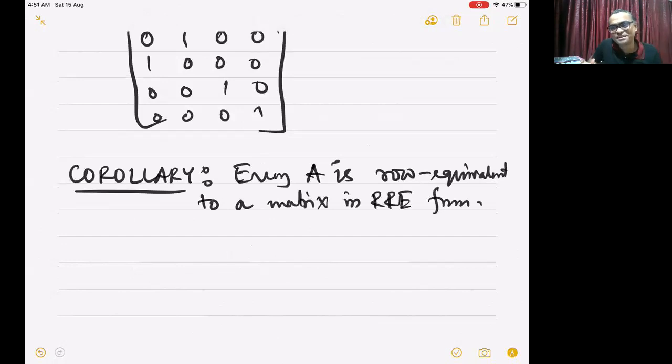Of course, just do row reduction, make it row reduced, and then permute the rows in such a way that the result becomes a row reduced echelon form. This is where we are going to end today's lecture.